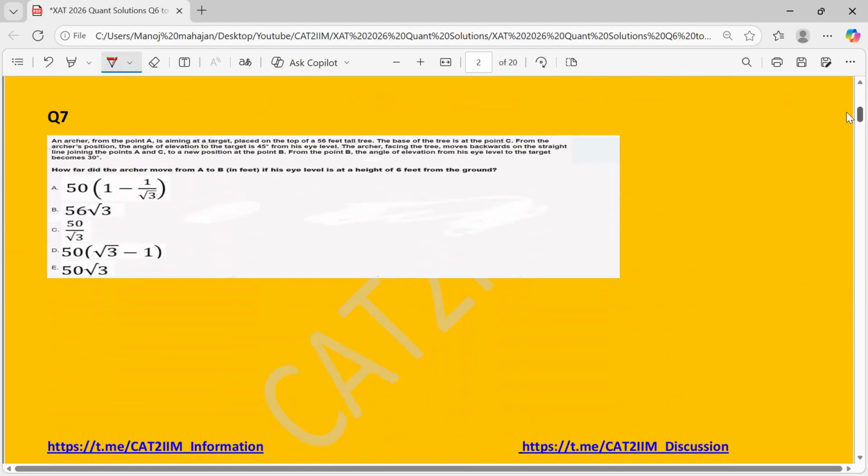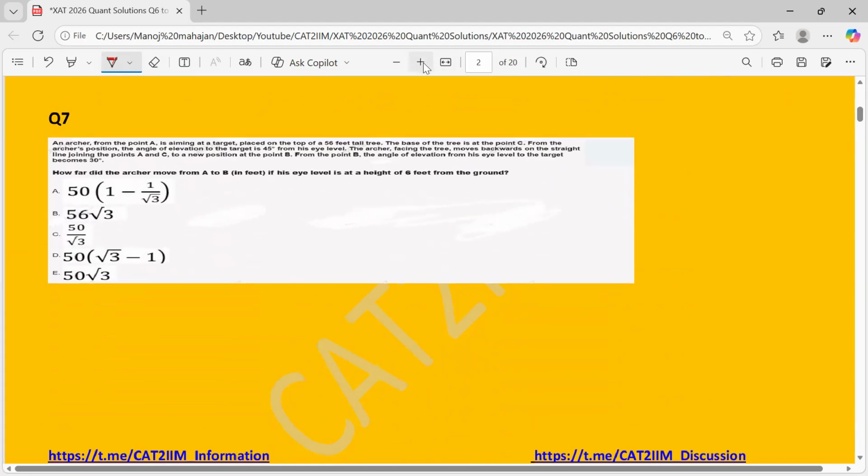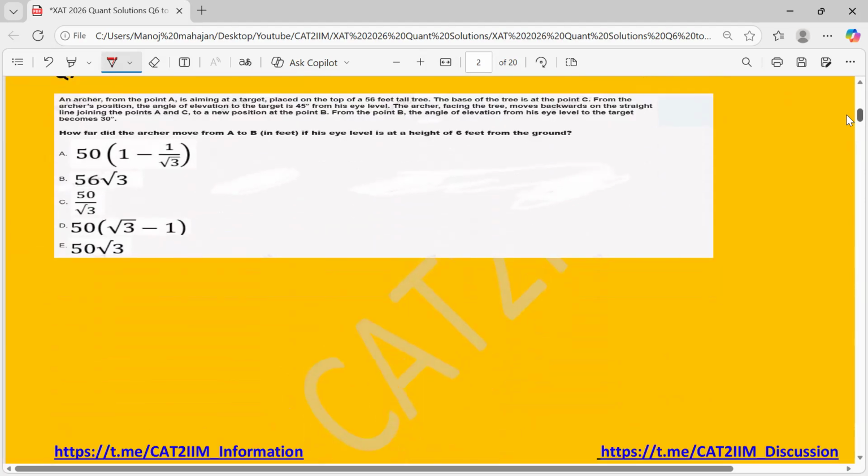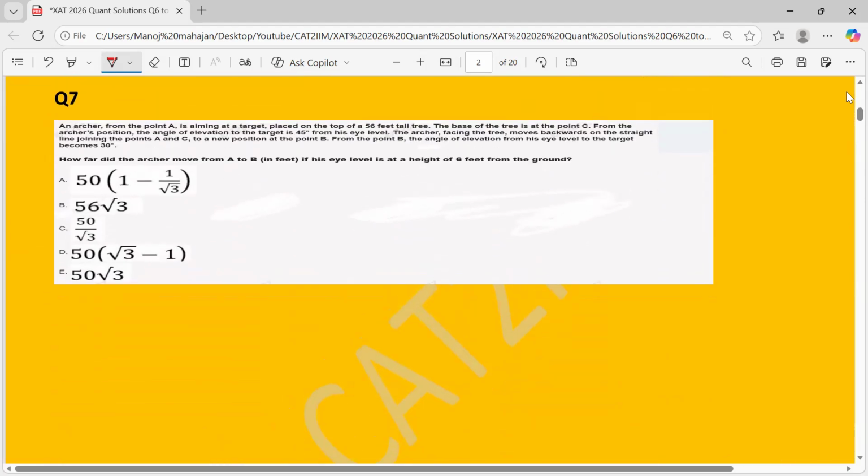Now, if you look at this geometry question, again the entire XAT paper was geometry dominated, right? But such a question can be answered if you have done basic heights and distances. What is given in the problem, if I make the figure for all of you: how far did the archer move from A to B in feet if his eye level is at a height of 6 feet from the ground?